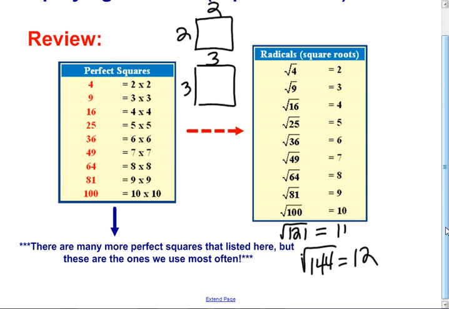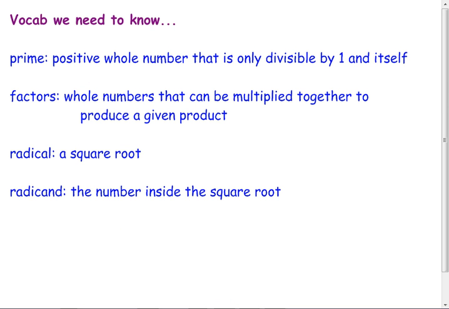Okay, so how do we simplify square roots? First, let's get a little vocabulary. Okay, guys? A prime number is a positive whole number. Actually, it's redundant. We can just say it's a whole number because all whole numbers are positive. That means no negatives, no decimals, no fractions. And it's divisible by the number 1 and itself.